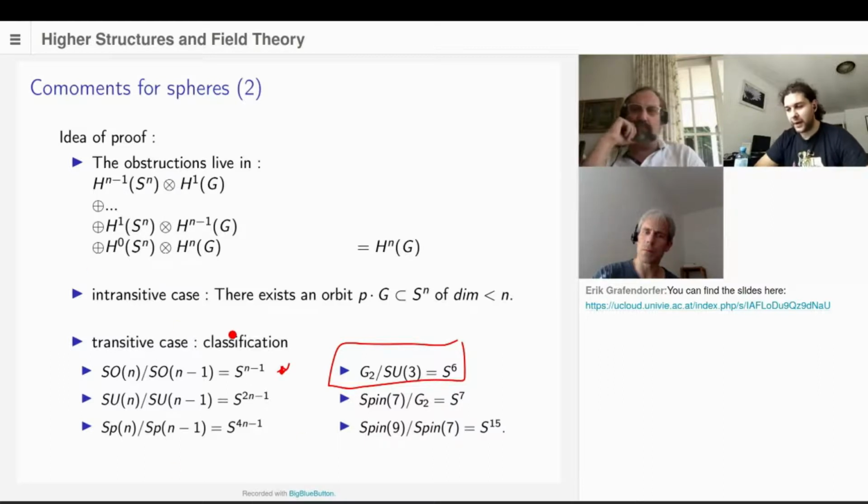And yeah, we're still looking out for a nice, more elegant proof that it really depends on the parity of the dimension. But so far, we have proven it through this classification.